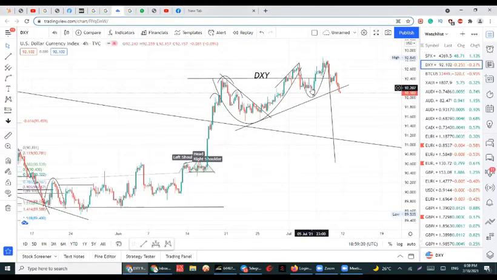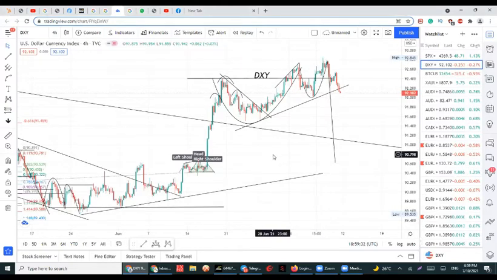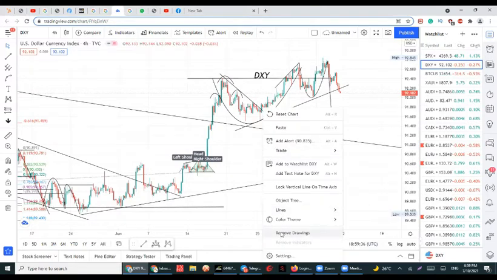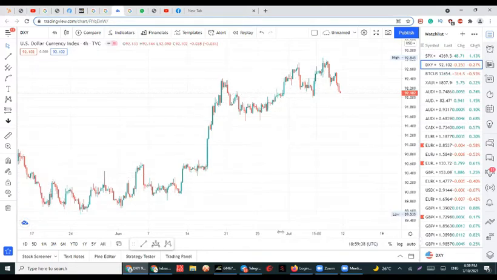Looking at the dollar index, let me take everything off the page so that I can start everything for you guys to see. Now, this is the dollar index, and we are looking at it based on price action alone.